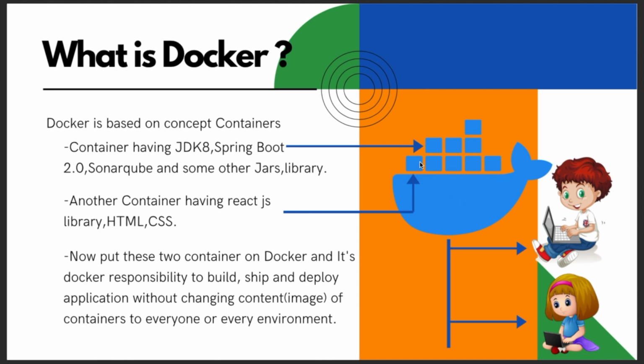What do we mean by contents? Contents means the things inside the container, like JDK 8, Spring Boot 2.0 and all these things. So each application is treated as an image, and this image will be the same for your developer and for your QA.